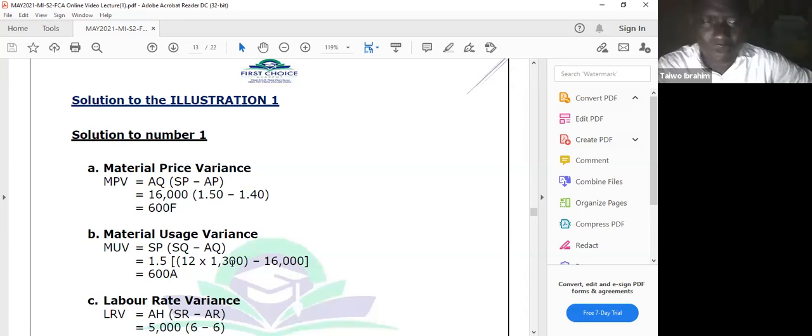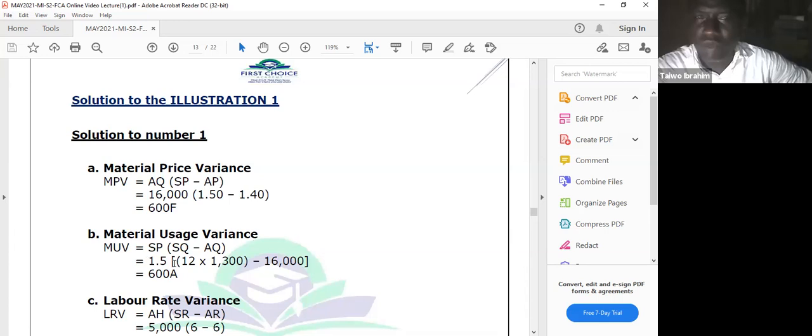That means that we wanted to use 12 meters to produce one, which is 12 meters of flour times 1,300 units of product or bread. That will give you the total quantity they use to produce the 1,300.